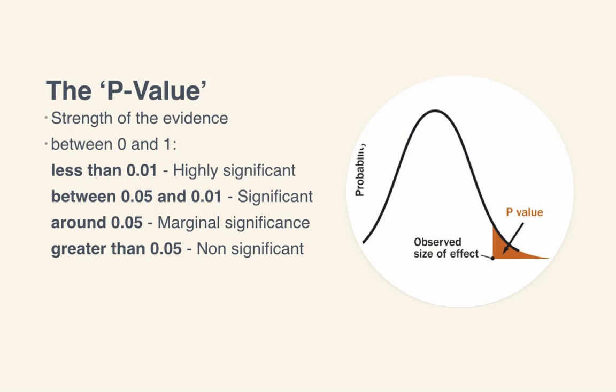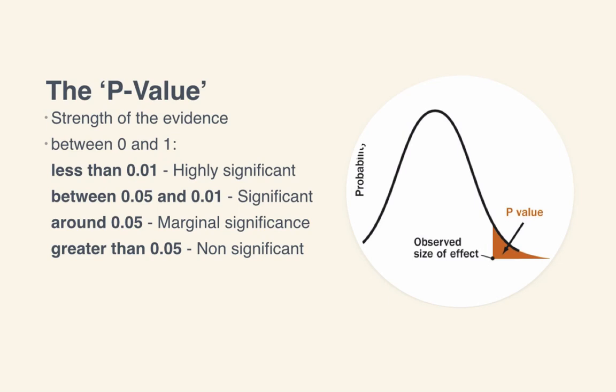So if we have a p-value of 0.01, we have a highly significant set of evidence to reject the null hypothesis. Between 0.05 and 0.01, we have a significant set of evidence to reject the null hypothesis. And around 0.05, well, it's marginal, and we'd have to weigh up what we were going to decide and what we were going to put in our evaluation. Greater than 0.05, we can actually accept the null hypothesis.